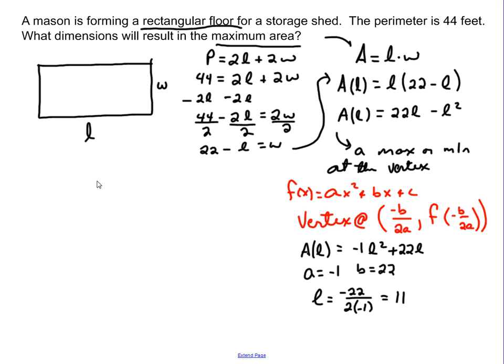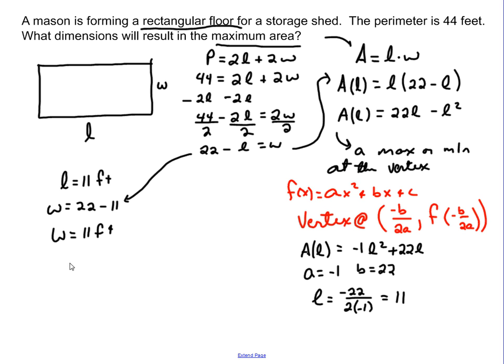And of course, we know what's going to happen next, because if our length is equal to 11 feet, then our width is equal to 22 minus 11 by this formula right here, which is to say that the width is 11 feet. But this shouldn't surprise us.